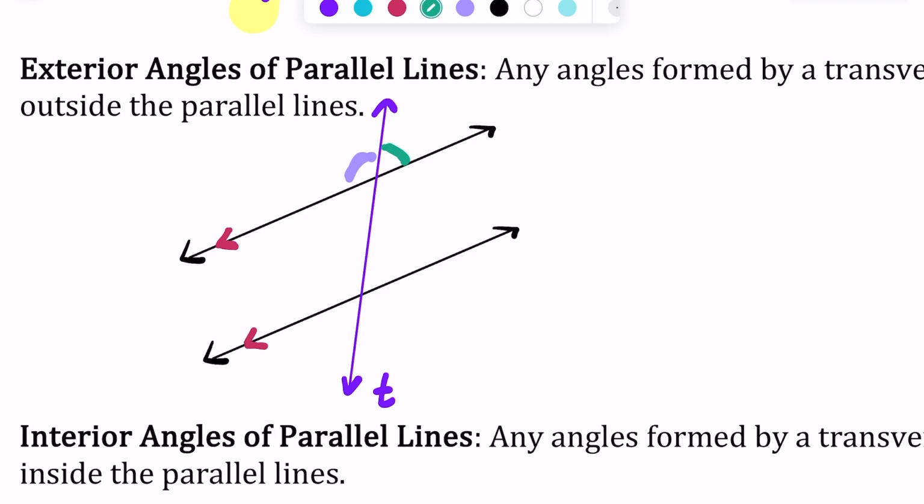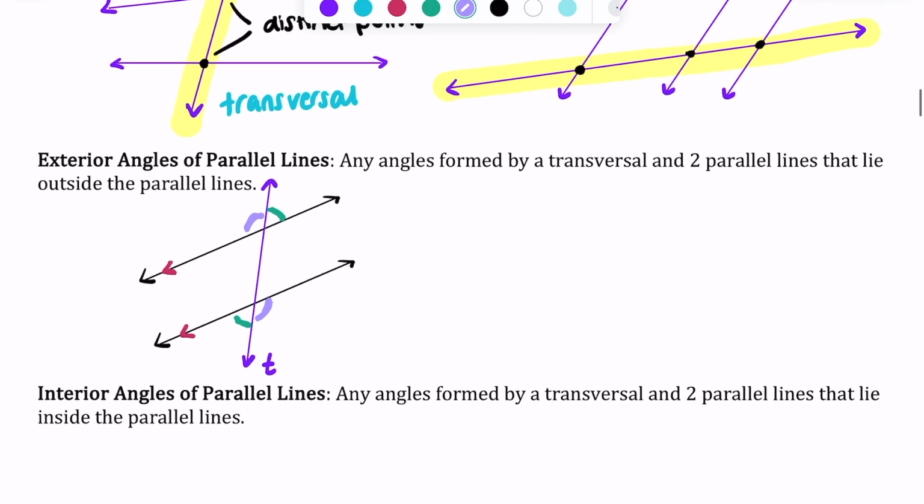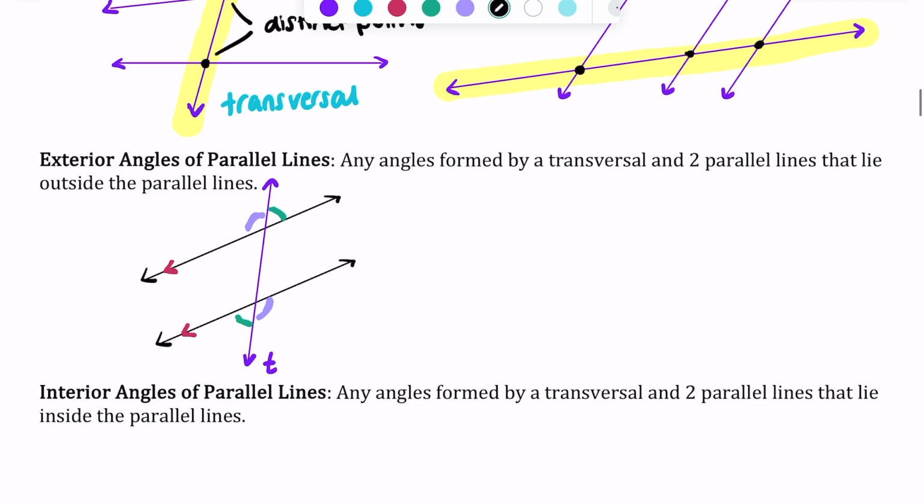I also have this one down below, followed by this other one. Now when I have 2 parallel lines that are intersected by a transversal, I will have 4 exterior angles.